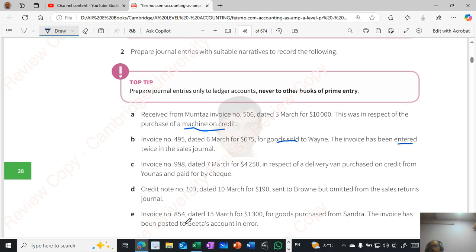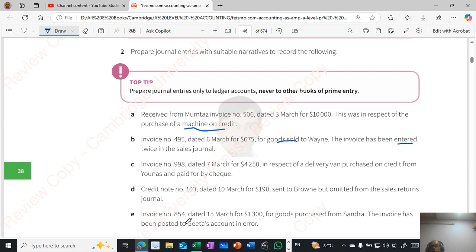Only the first part, purchase on credit from Yunus, will be recorded. If you write the payment entry, then it is wrong, a grave error. So be very careful when writing the entries.